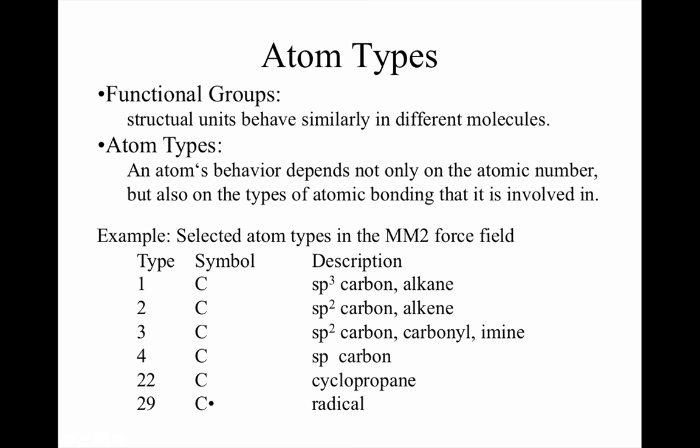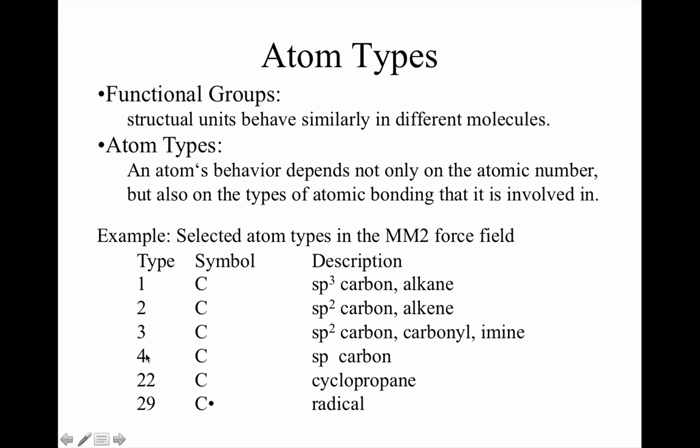This, of course, is not a feasible situation, and what we do instead is that we rely on the functional groups that you know from basic chemistry, namely that structural units behave similarly in different molecules. So what we do here is that we define a limited set of atom types. For example, we define a type 1 to be a carbon atom which is an sp3 carbon. We define a type 2 to be a carbon atom which is an sp2 carbon atom.